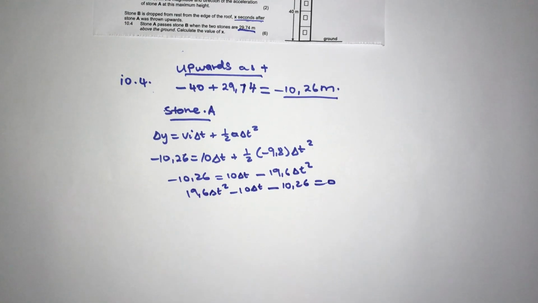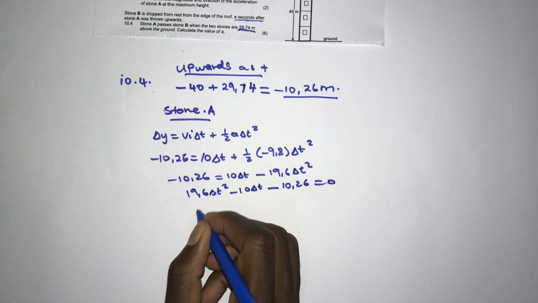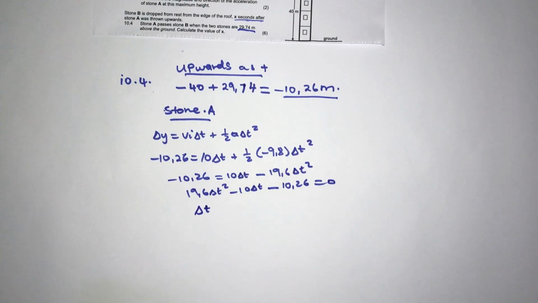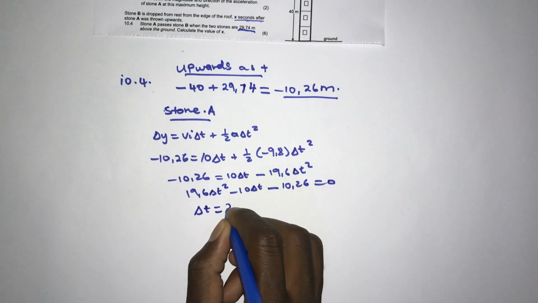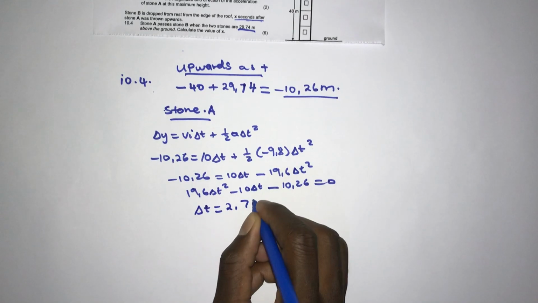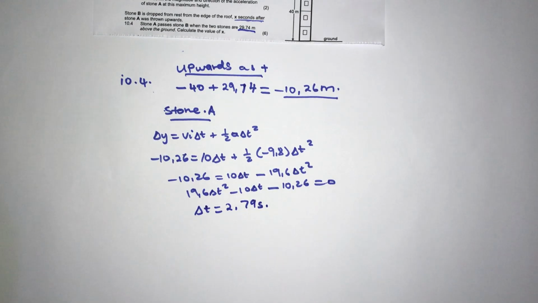Now we apply the quadratic formula and ignore the negative root. The time is 2.79 seconds. That is stone A.